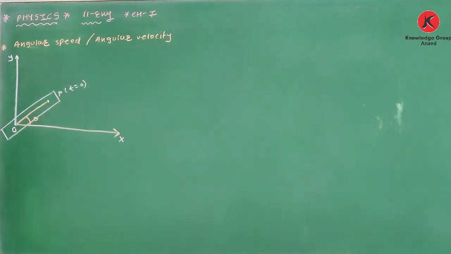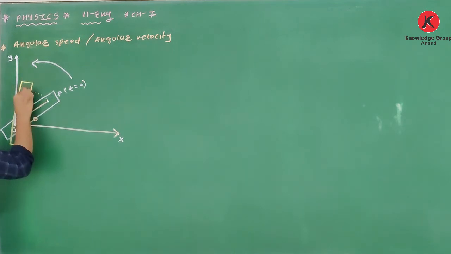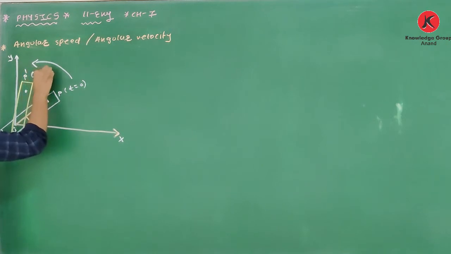If this rigid body is performing rotational motion in this direction, then after some time that rigid body will be like this. This point P, which was initially at this point, after some rotational motion will be here at point P dash, at time t equal to t.